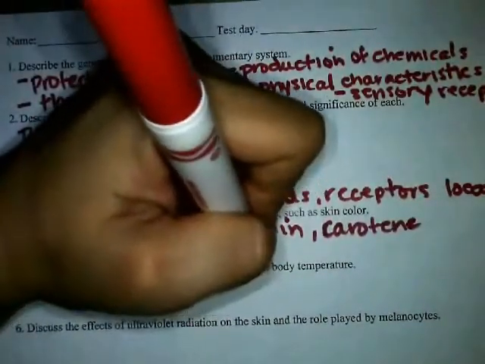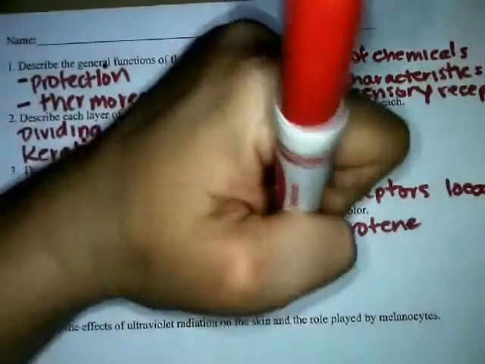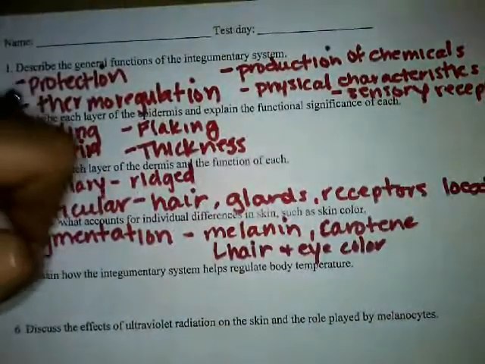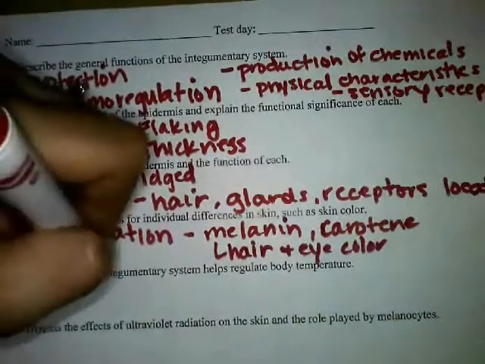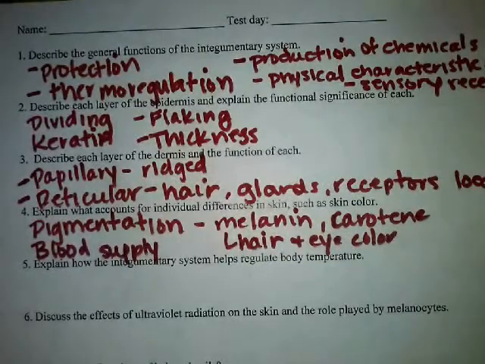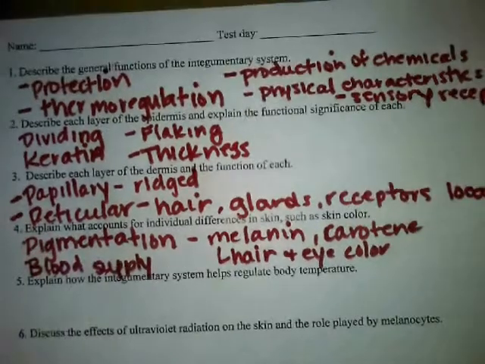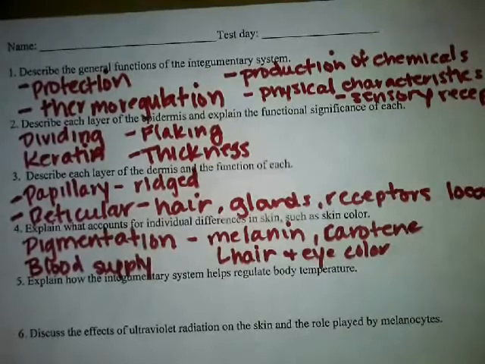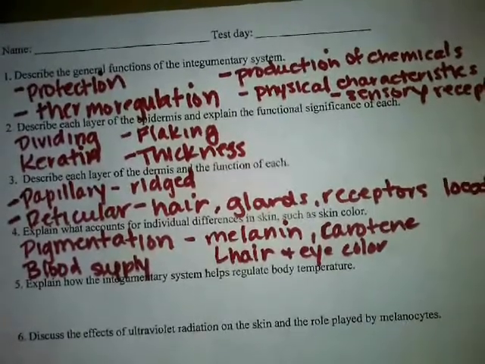That's also found in hair and eye color. Blood supply to your skin will also give different physical characteristics. Your fingerprints from the papillary layer are going to give you different physical characteristics. So all of those different things are going to make your skin different than other people.